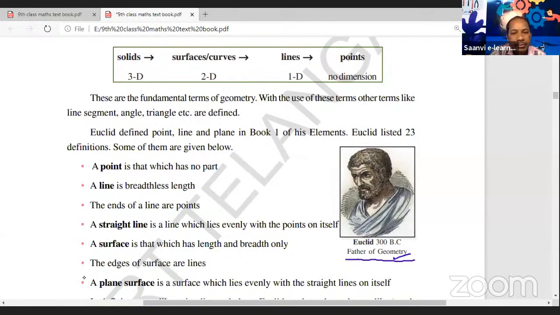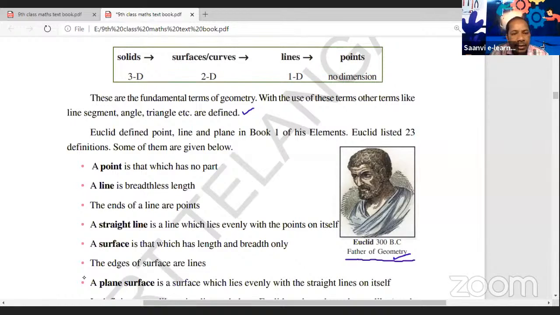These are the fundamental terms of geometry. With the use of these terms, other terms like line segment, angle, triangle, etc. are defined. So they are all defined terms.